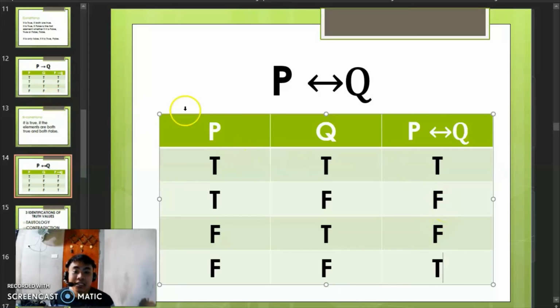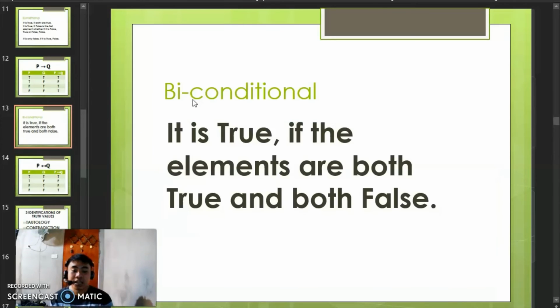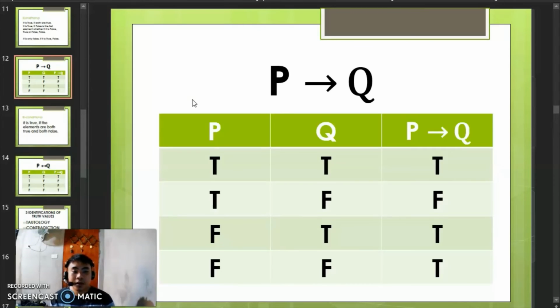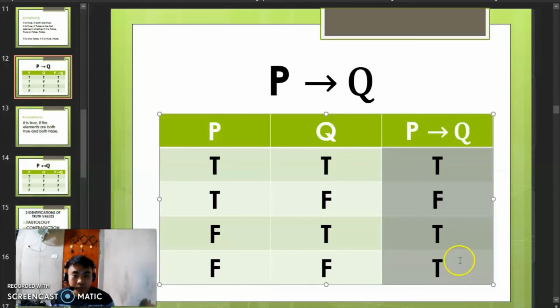This is called contingency. Next one. We have true, false, true, true. May isang false out of 4 elements. So, 3 true, 1 false. So, this one is still contingency.